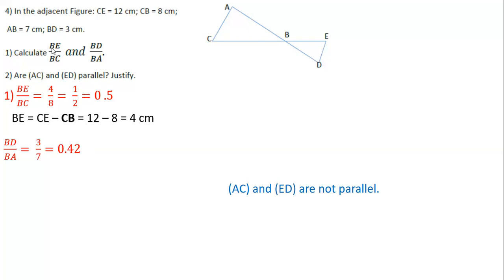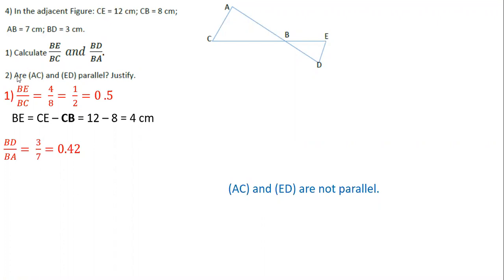Did you get how we calculate ratios alone, guys? Yes, okay. Now in part 2, he is asking me, are the two lines AC and ED parallel? We should justify.